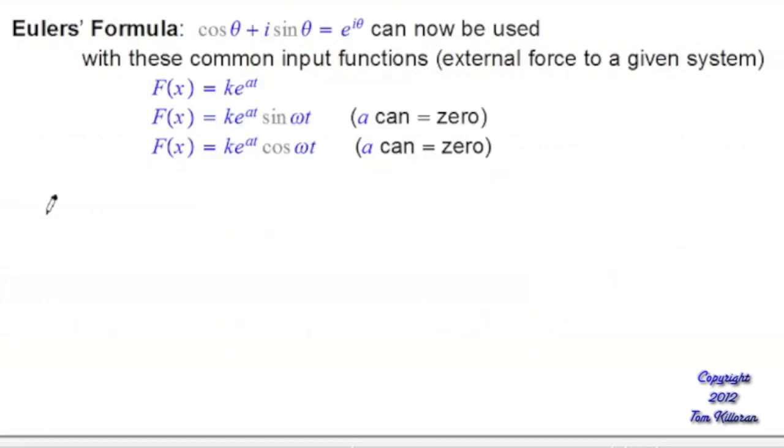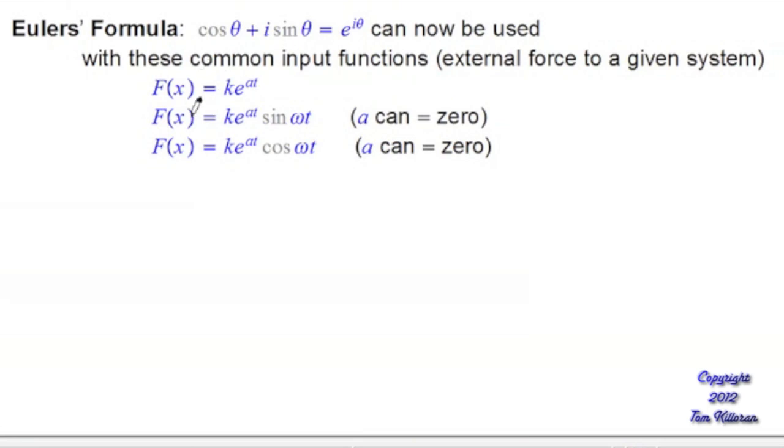Now we're going to be working with Euler's formula, and it works on this complex form of sine and cosine without the r coefficient out front. Euler found out that cosine theta plus i sine theta works exactly the same as e to the i theta. Derivatives are the same, integration is the same, their series solutions are exactly the same.